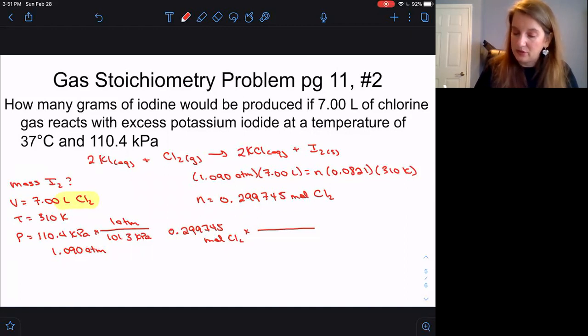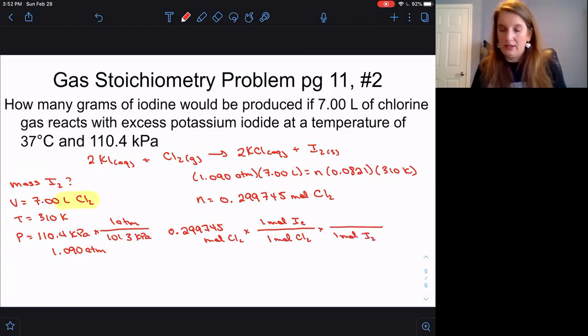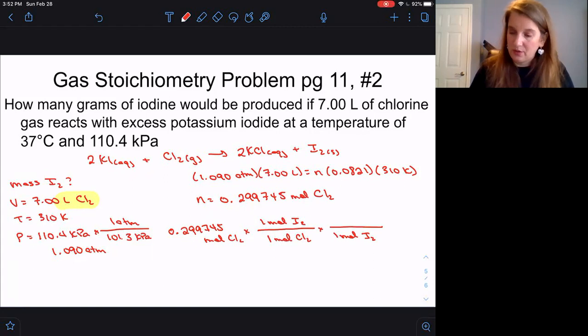So we have Cl2 on the bottom, so that is 1 mole of Cl2 here. We have 1 mole of I2 here, and our molar mass is 126.71 times 2, so our molar mass of iodine is 253.42. If that's slightly off, I apologize because I'm not looking at my periodic table.